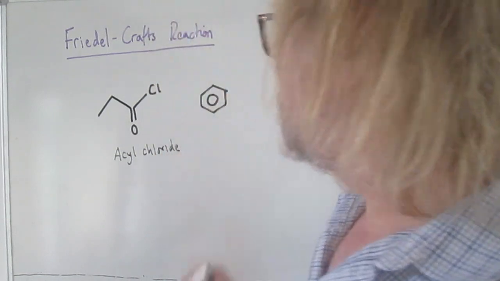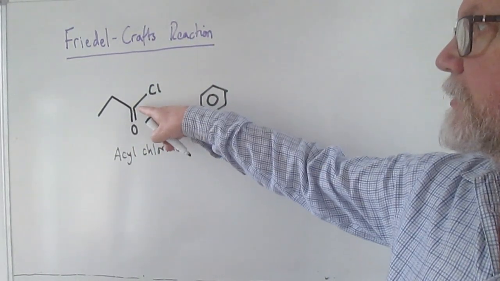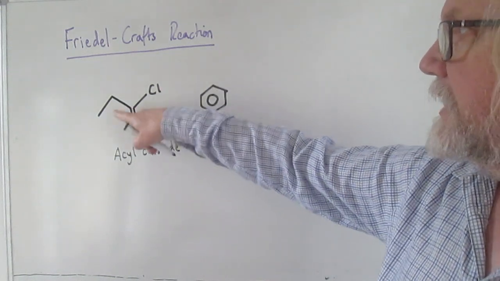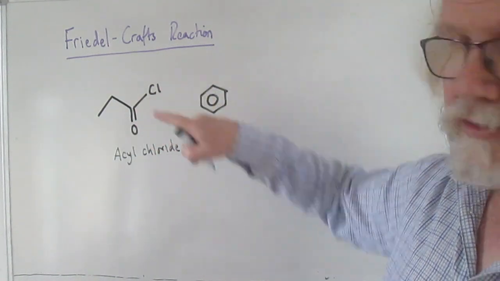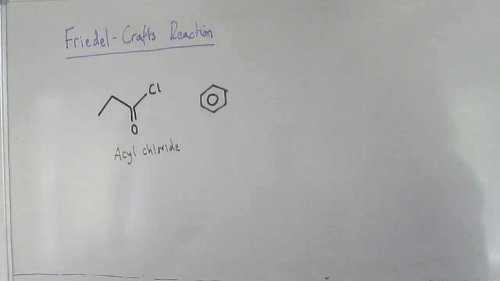Okay, so acyl chlorides all have that in common, that they have a carbonyl group at the end of a chain, and then a chlorine attached there. And they're tremendously useful compounds because they're very reactive in lots of different ways, not just in this reaction, and we'll come back to them in quite different sort of reactions later in the year.